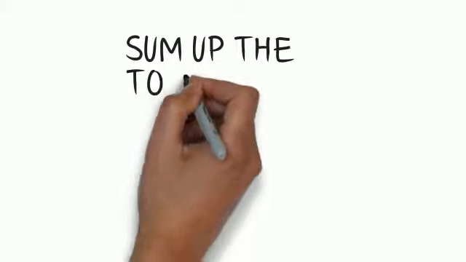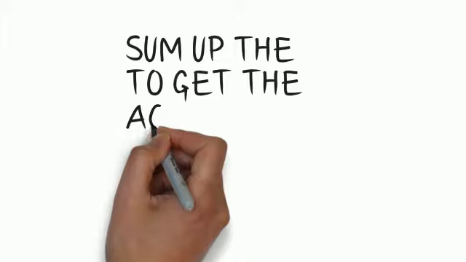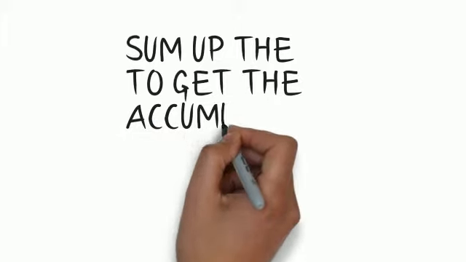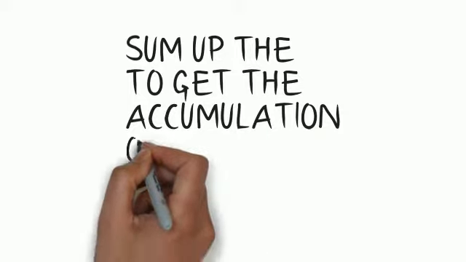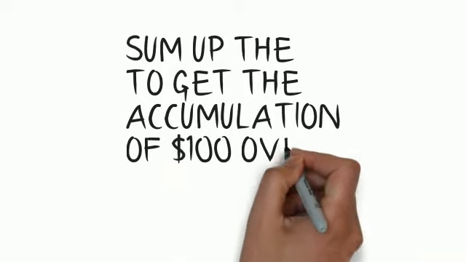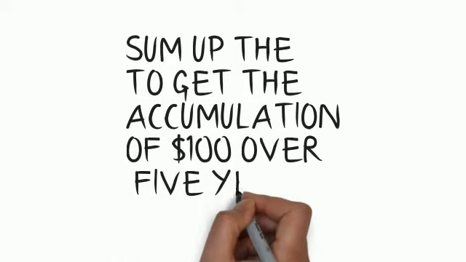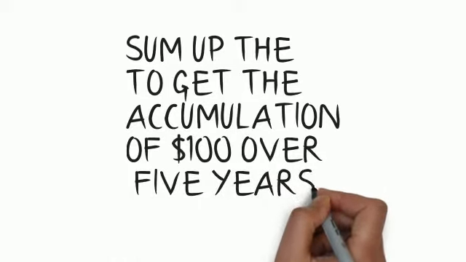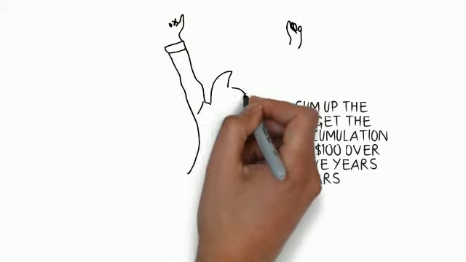Another $100, there for 2 years, earning 2 years' worth of interest. And another $100, there for 1 year, with 1 year's worth of interest. So you then accumulate the total of the 5 tranches of money to get the accumulation of $100 over 5 years at 10%.